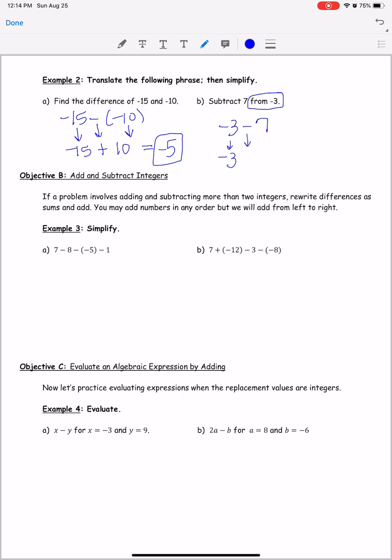Change your minus to addition, and then take this +7 and change it to a -7. Now we have the same signs, so add and keep the sign. 3 plus 7 is 10, and we're keeping that sign of negative.